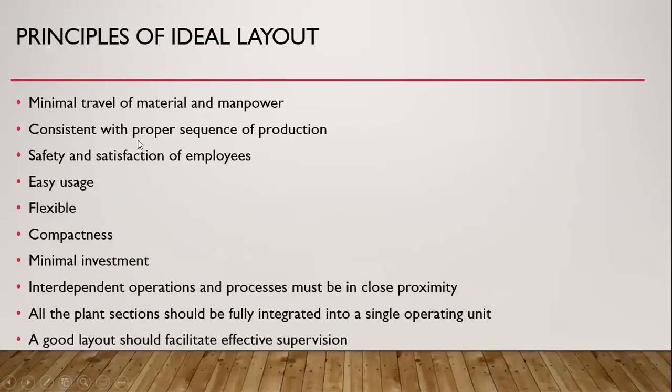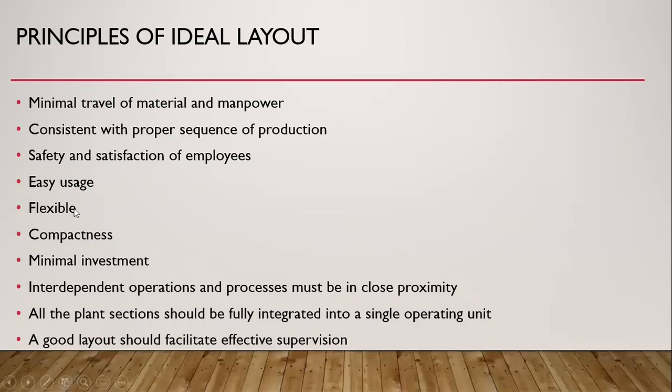So, what are the principles of ideal layout? There should be minimal travel of material and manpower. It should be consistent with proper sequence of production. Then safety and satisfaction of employees is considered. The plant should be easy to use.